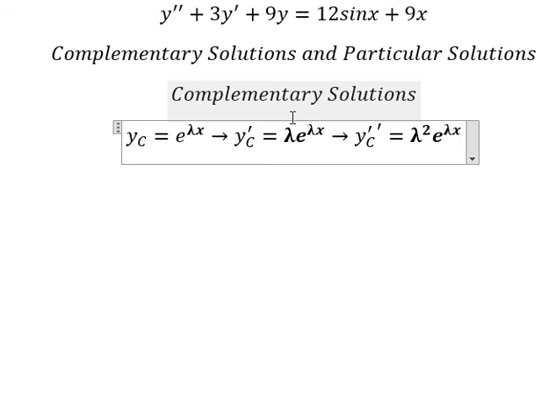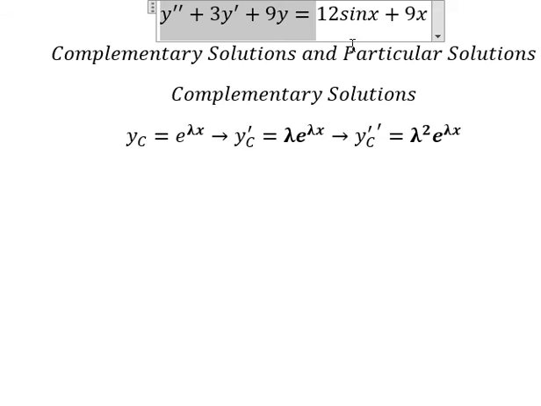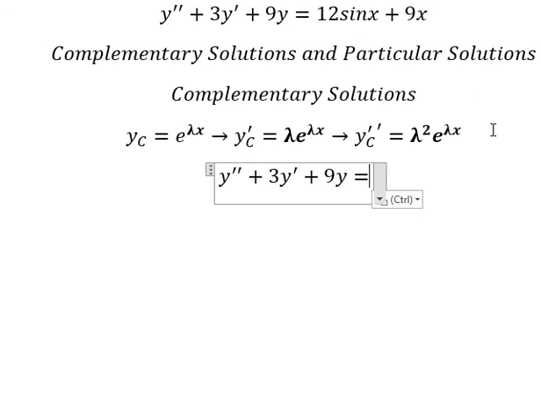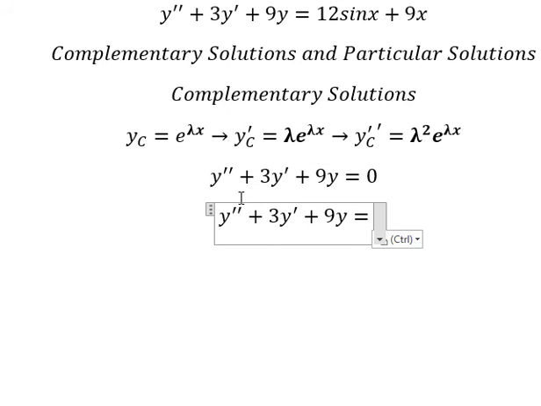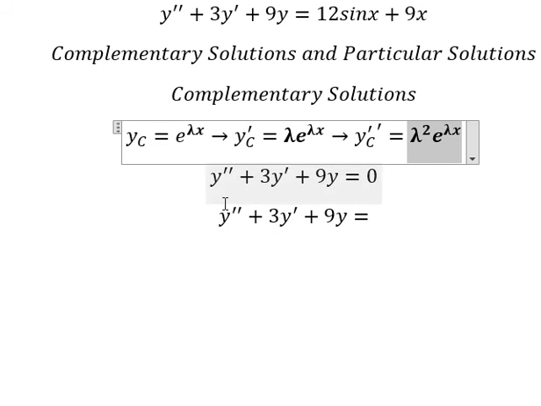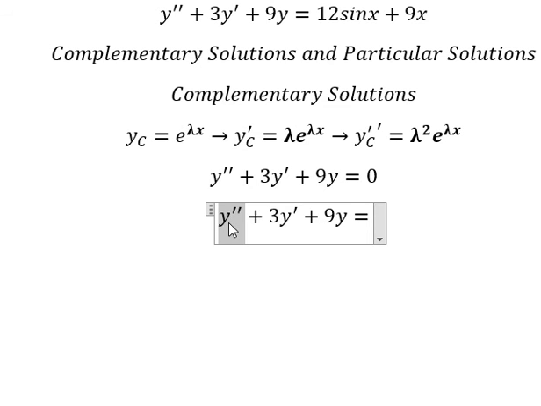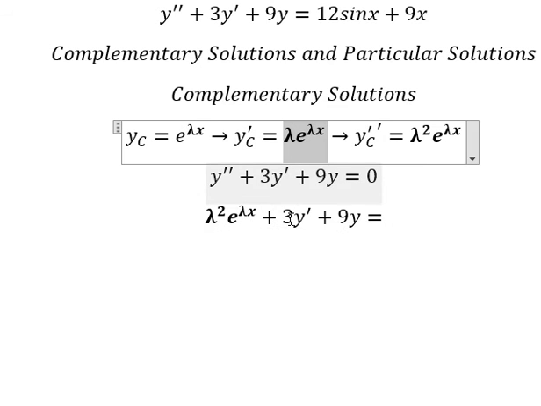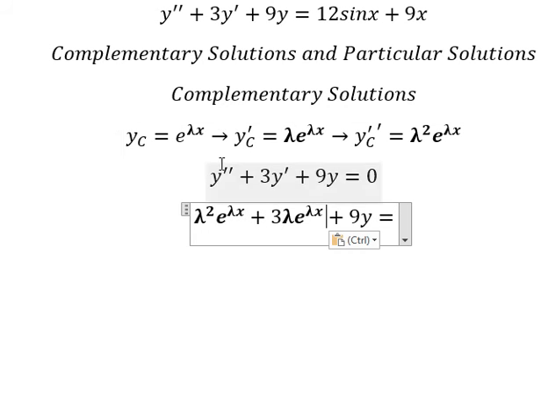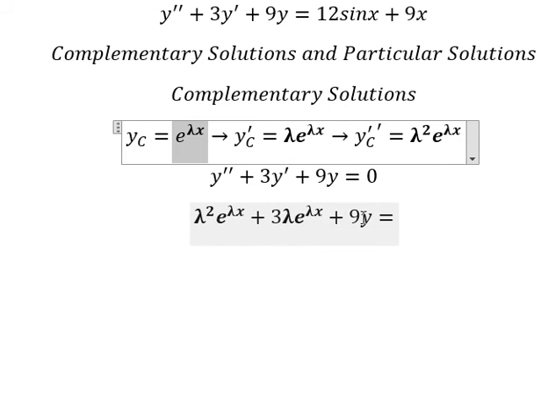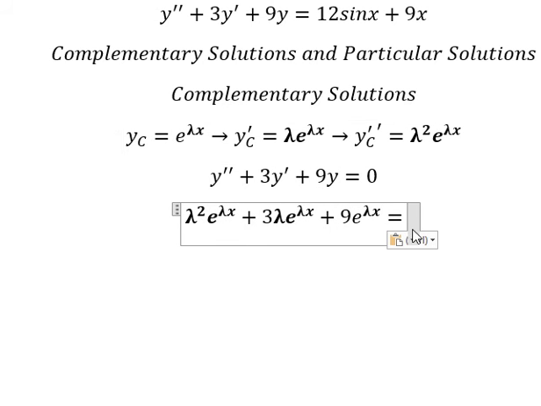Because this is about the complementary solution, this one equals 0. Now we put this one to replace the second derivative, this one for the first derivative, and this one for the original function.